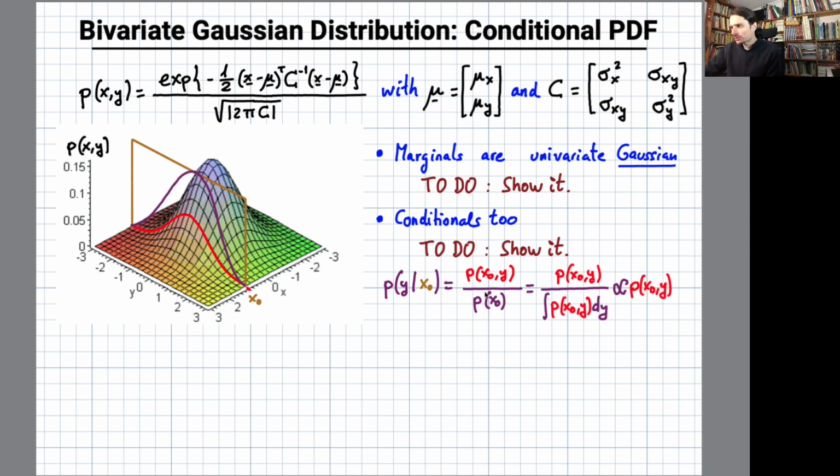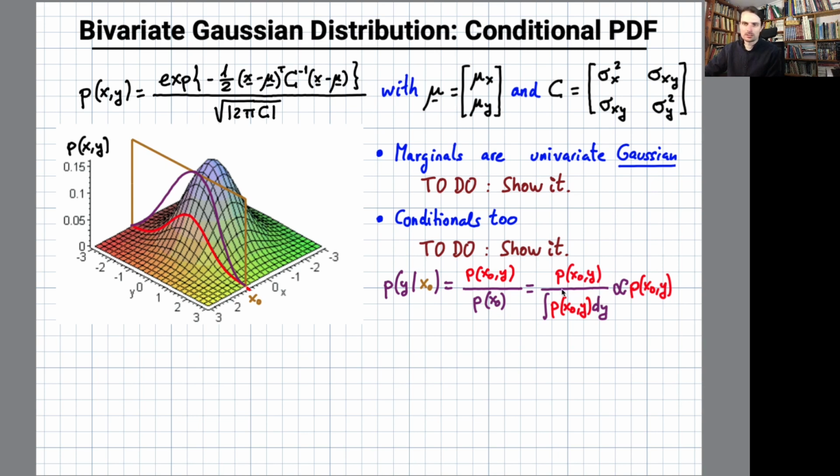The denominator is just the marginal of x evaluated at x0, and therefore it can be written as the integral of the joint between x and y, right? So we observe that this denominator is nothing but the integral of the numerator, right?